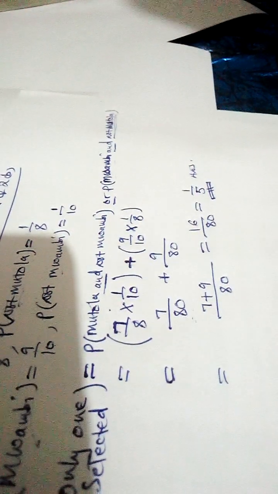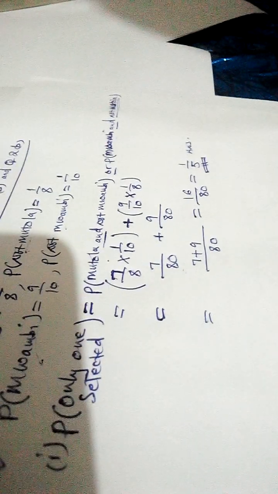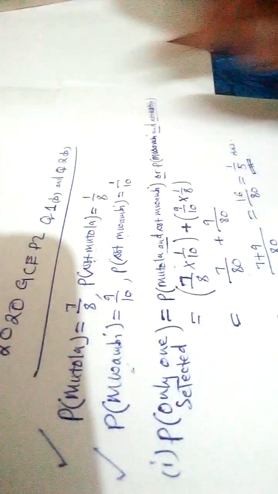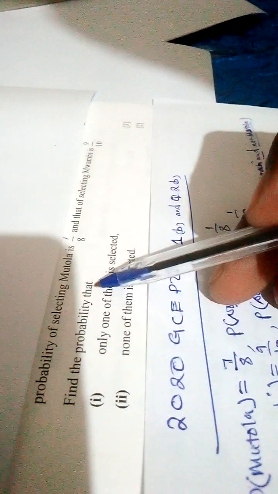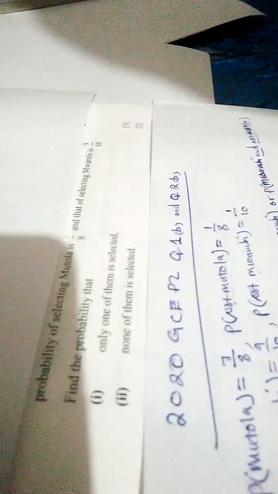Good. Let's move on to question number 2. It says, find the probability that none of them is selected. Let's go back and see how we answer this question.